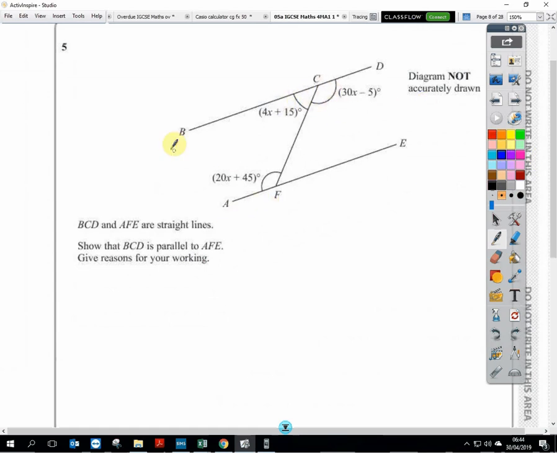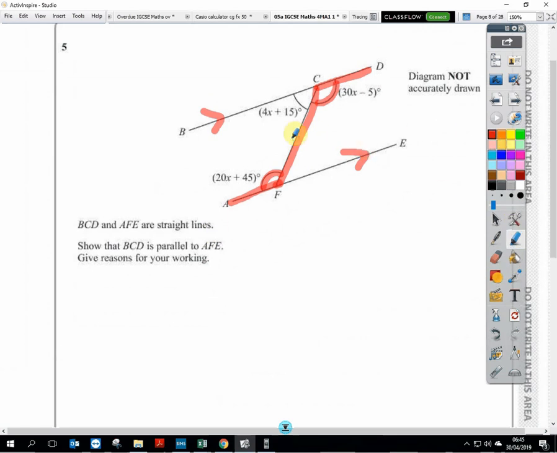Well, there are many ways to answer this question, but if they're parallel, then we have a Z here, and inside the arms of the Z, as in this one and this one, they should be the same angle if the lines are parallel. So that's what we need to prove. That's one way of answering this question.